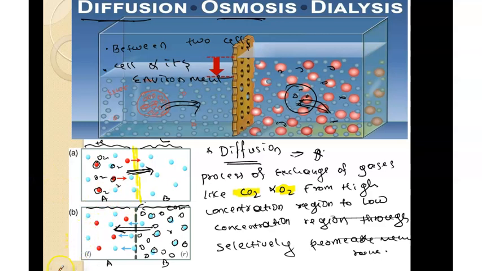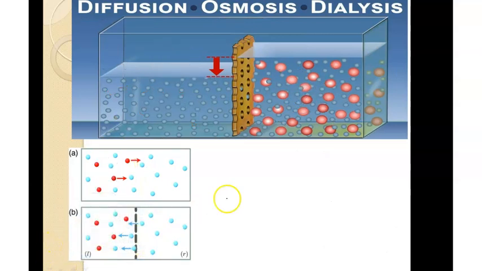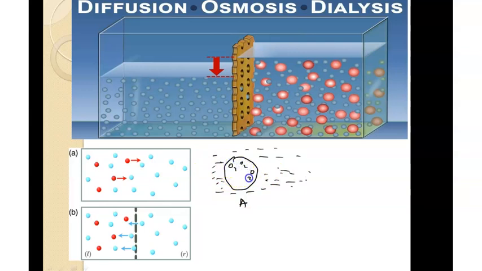Okay, let me give you one more example. Let me take one simple example for diffusion. Suppose I have a cell A here, which is a blood cell present in plasma. Inside the cell I have a huge amount of oxygen stored, because this blood is just coming out of the lungs.